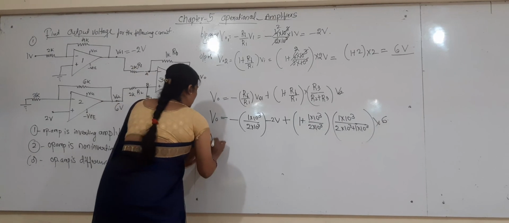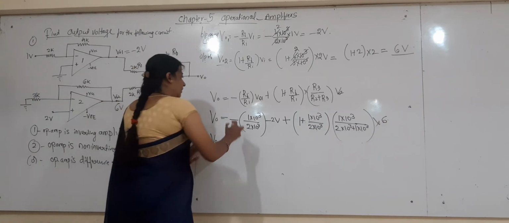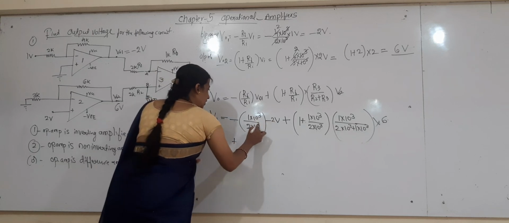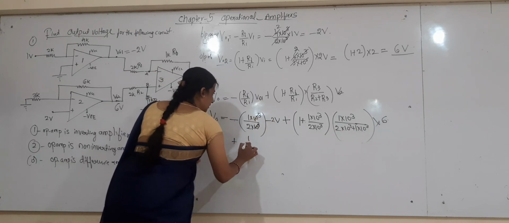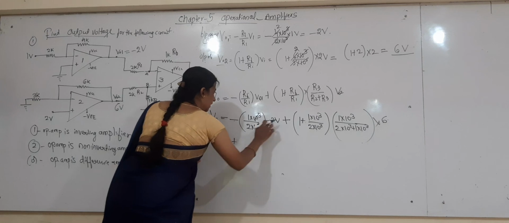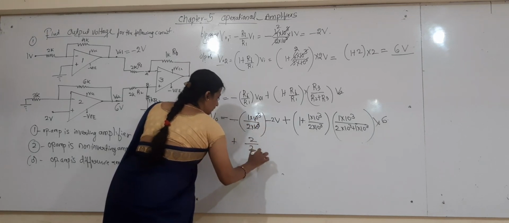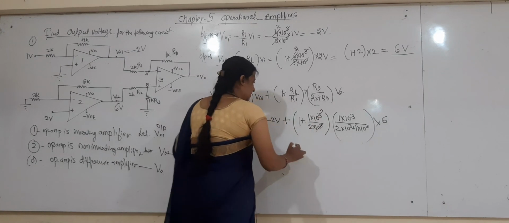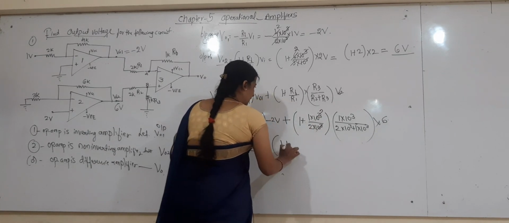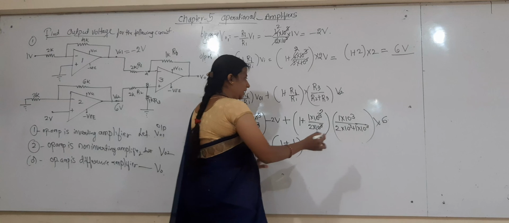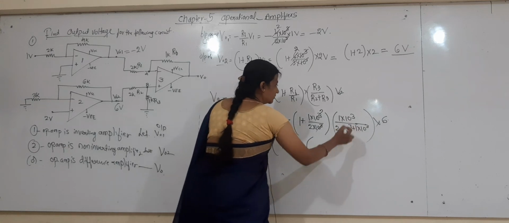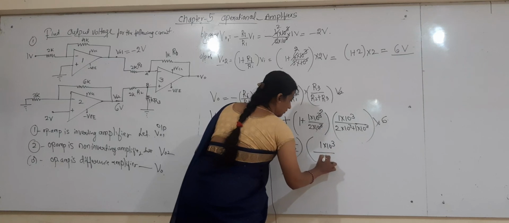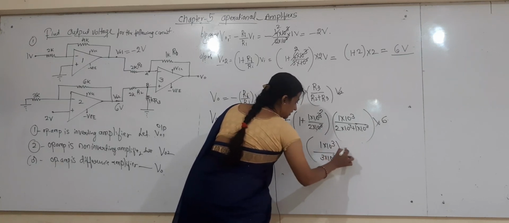Now V0 is equal to, minus into minus is plus here. So kilo cancels, 1 divided by 2 into minus 2, plus 1 plus 1 by 2 into 1 kilo divided by 3 kilo into 6.